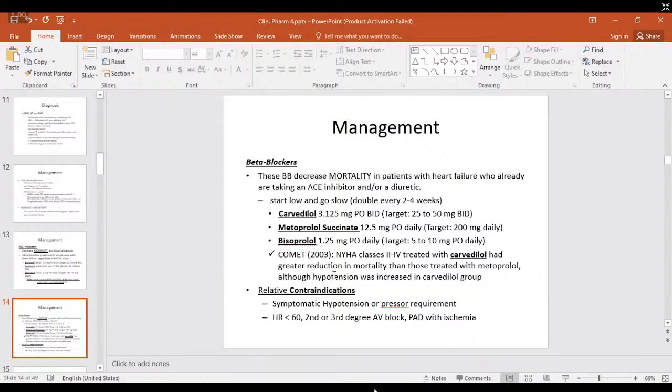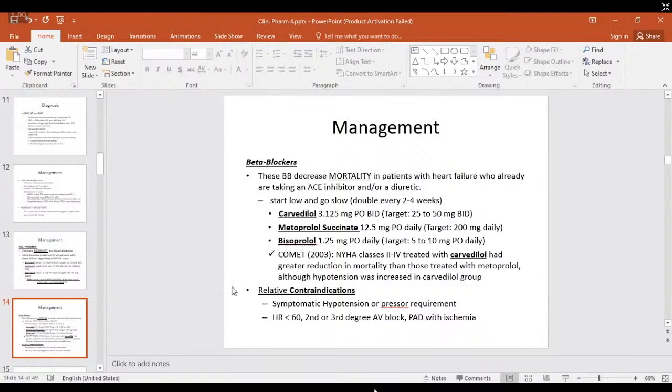So when they're blocked, we have vasodilation, which leads to hypotension. So it's a little bit more commonly observed in patients taking carvedilol, but carvedilol also has a greater reduction in mortality when compared to metoprolol and bisoprolol.